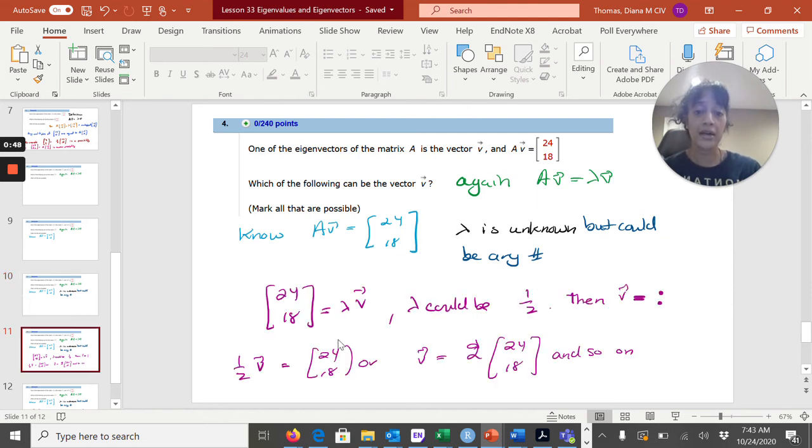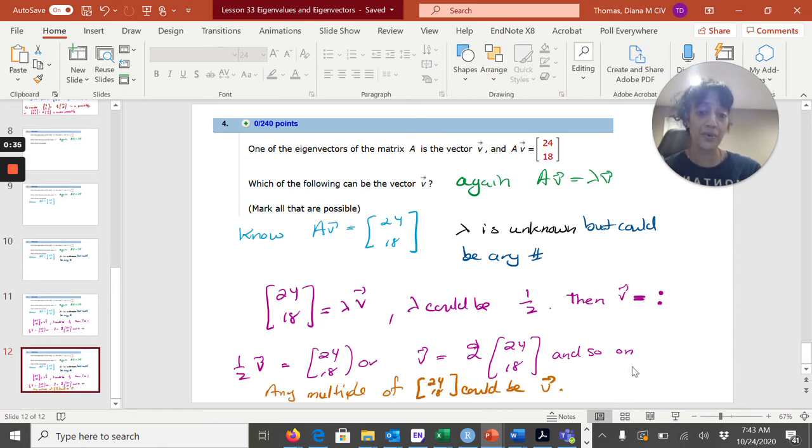So again, if 2418 is lambda V, lambda could be a half. And then if I solve for V, then it's 2 times 2418. So any multiple of 2418 is going to work just like before. So you're going to go through that list of vectors and find any multiple of 2418, just like before.